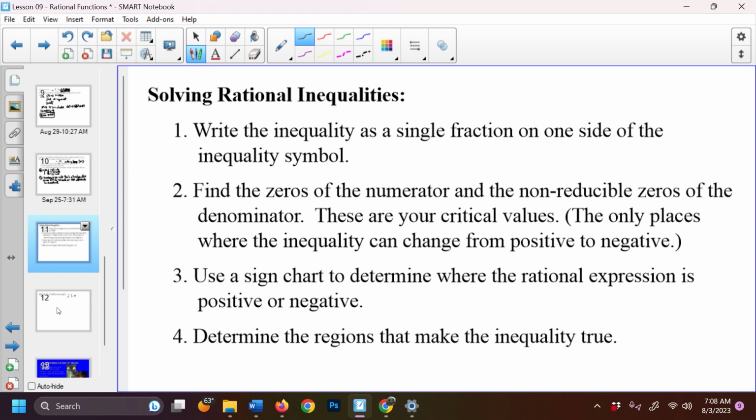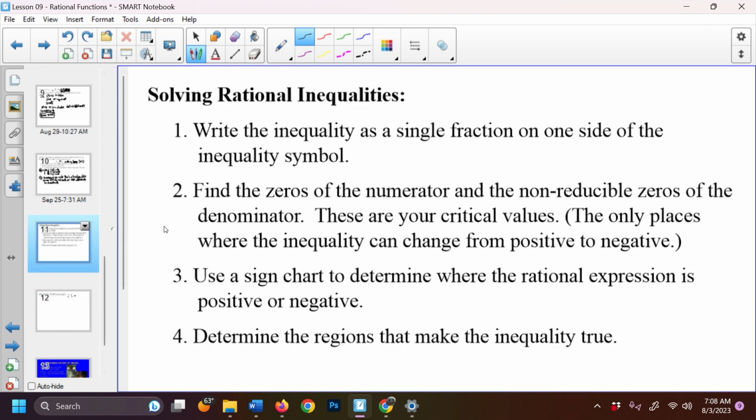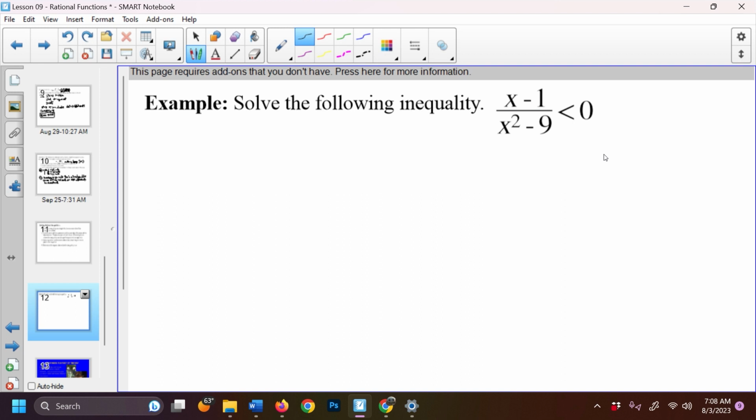So let's look at an example. It says solve this inequality, and good news for us, the inequality is already written as a single fraction on one side of the inequality symbol. So we have something that's less than 0. I'm going to find all of the zeros. What makes x minus 1 equal to 0? Well, positive 1 does. So my first zero is x equals 1.